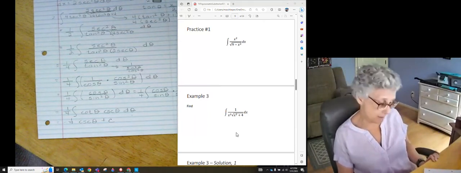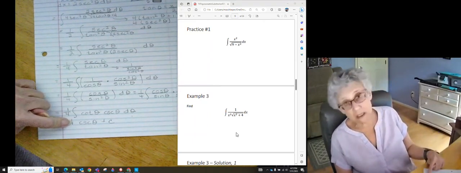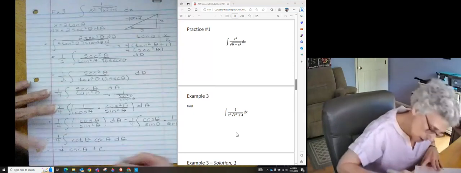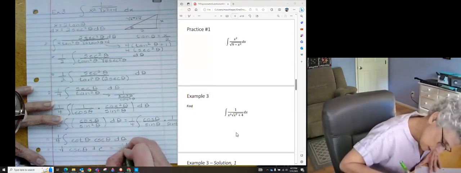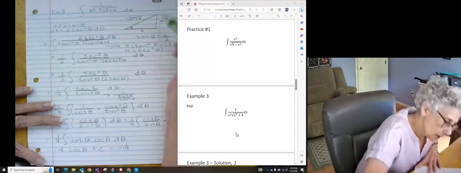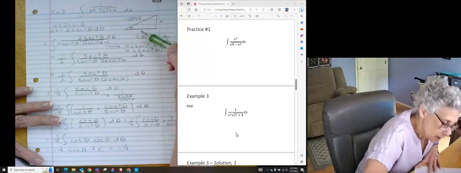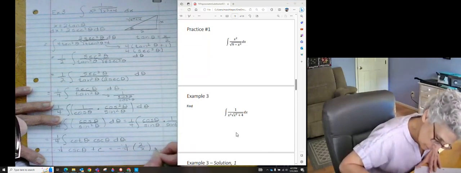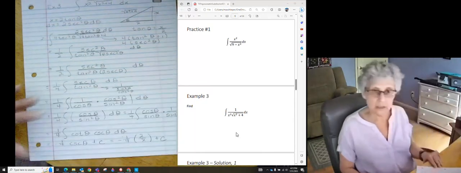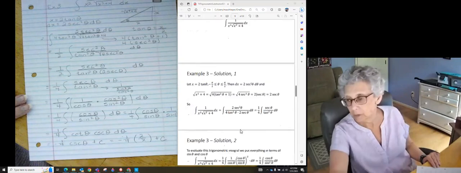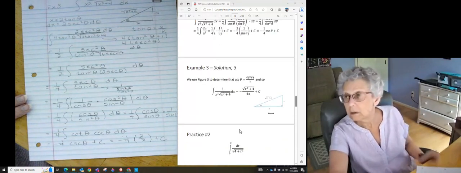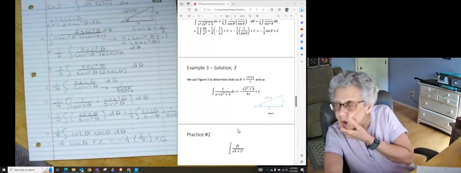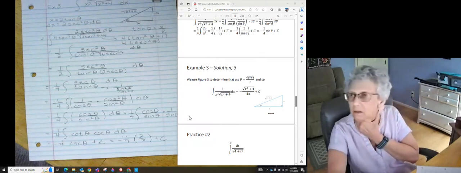Wow, we had to work hard for that. So now I need to know what cosecant is. Well, it's adjacent over opposite, so this would be negative 1/4 of adjacent over opposite plus a constant. And let's see, cosecant. Yeah, that's not cosecant. Darn it.